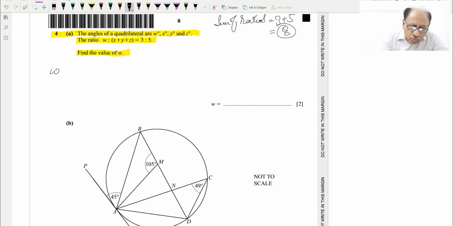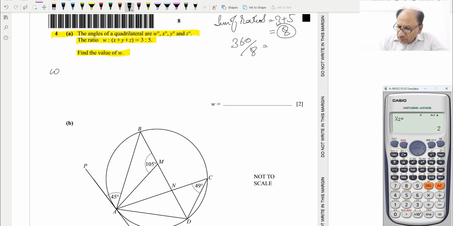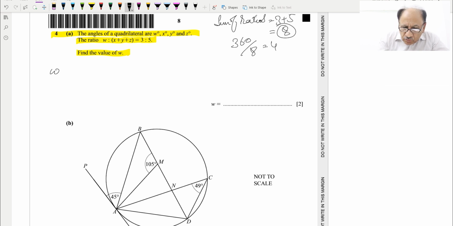So angle in a quadrilateral is 360. So 360 divided by 8 will be equal to 45. So 45 is one part, and we will be taking this ratio x plus y plus z, which is equal to 3 ratio 5.